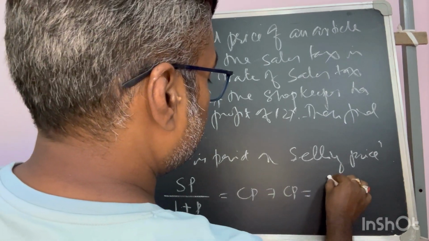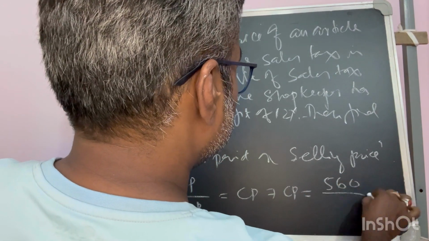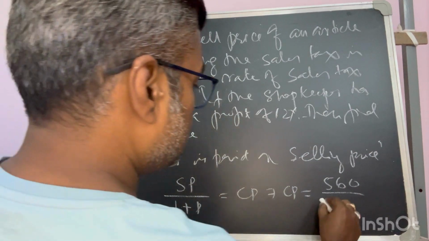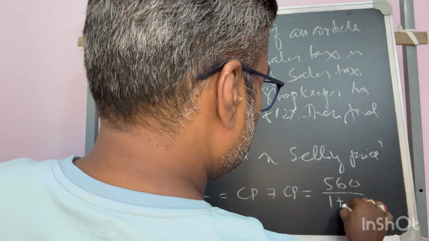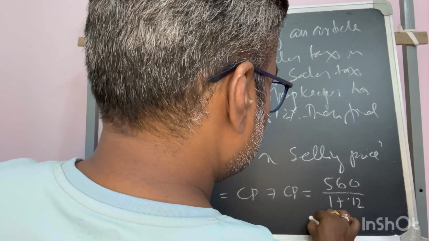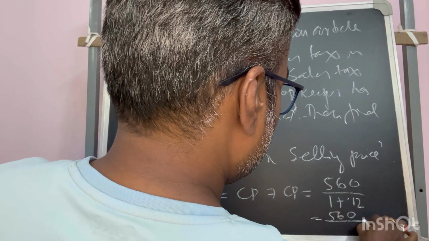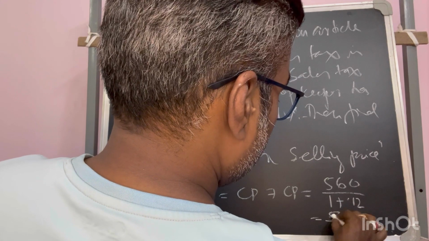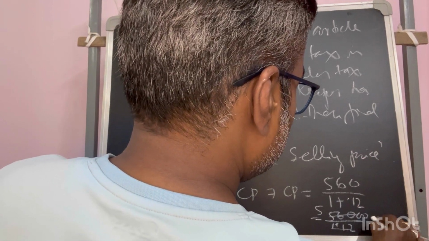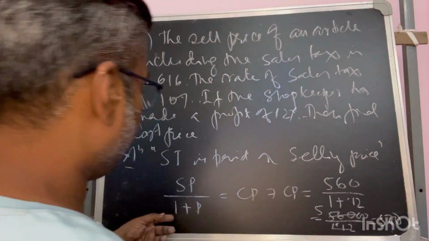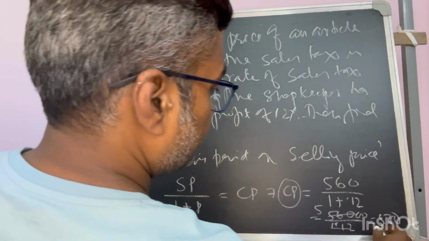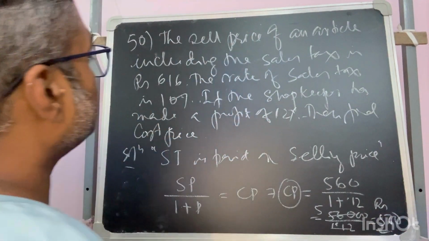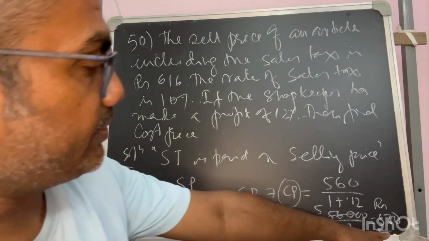Selling price 560, 12% is 0.12, so this will be 560 upon 1.12. This will ultimately be 500. So your cost price is 500 rupees, because the unit is rupees.